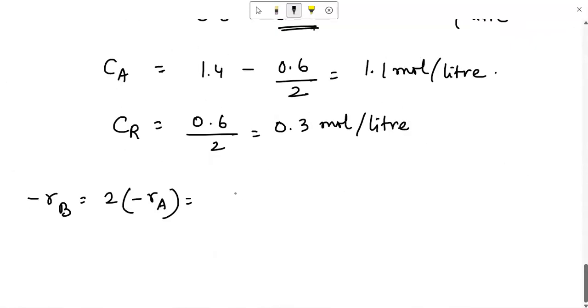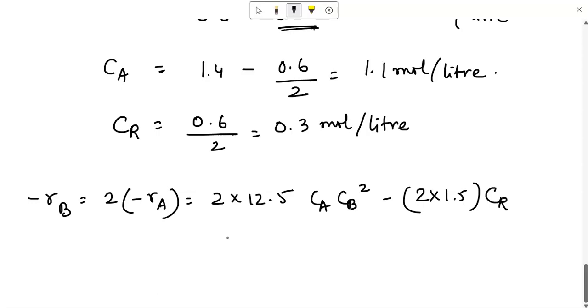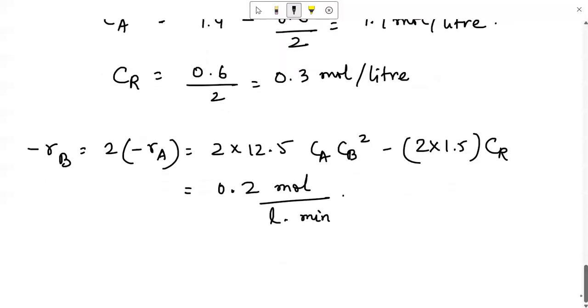Now if you plug in the values, this becomes 2 multiplied by 12.5 CA CB square minus 2 into 1.5 CR. If you write all the values over here, then you will get 0.2 mole per liter minute as your minus rB. So the rate in terms of component B is now found.